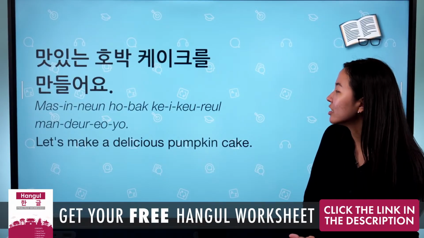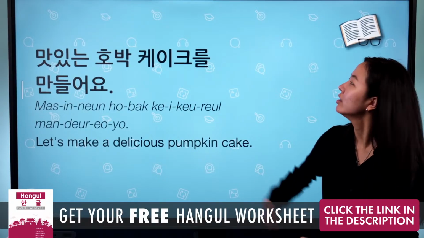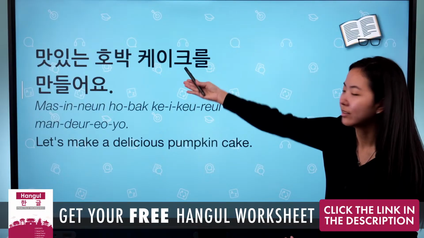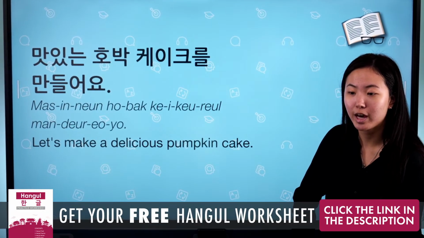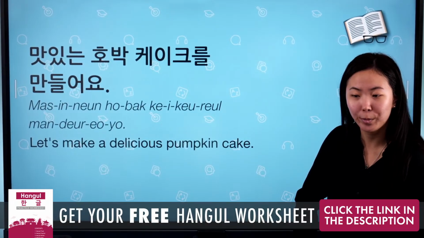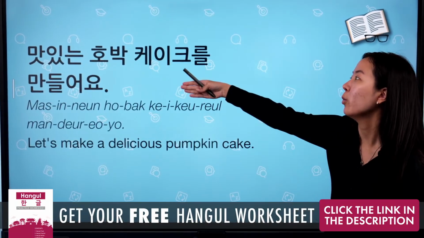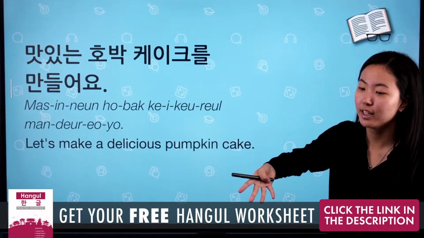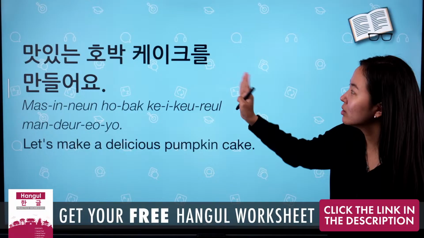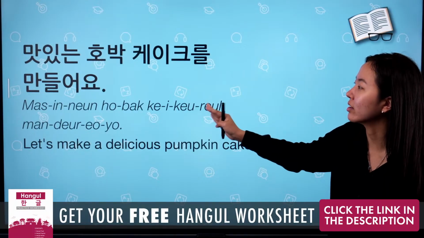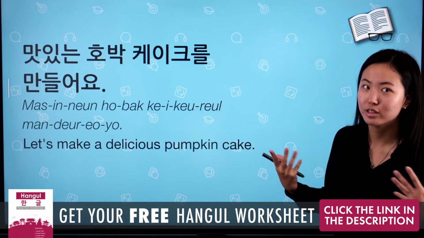Let's make a delicious pumpkin cake. So we have 호박, right? As we pointed out from the vocabulary section right before, 호박, pumpkin. 호박 케이크, pumpkin cake, right? 맛있는 호박 케이크를 만들어요. Let's make a delicious pumpkin cake.